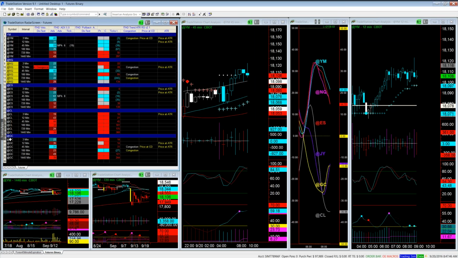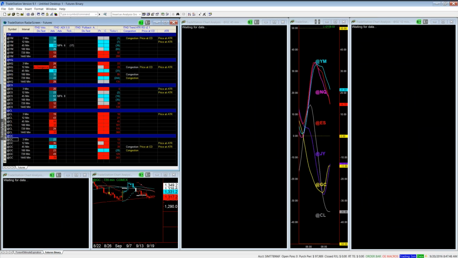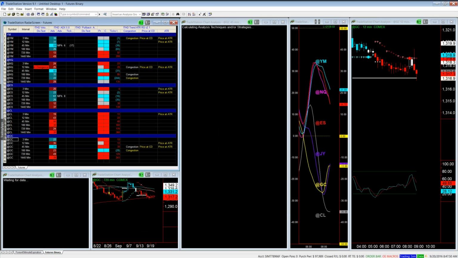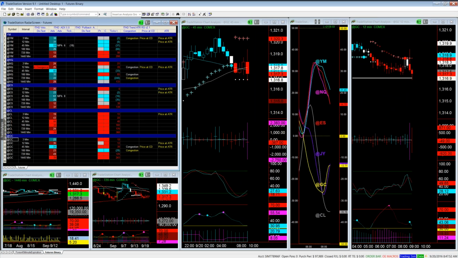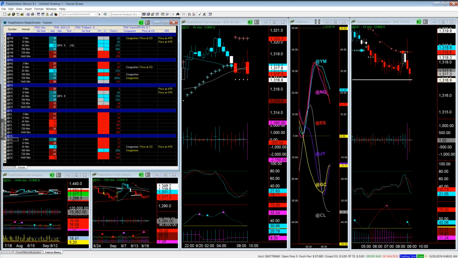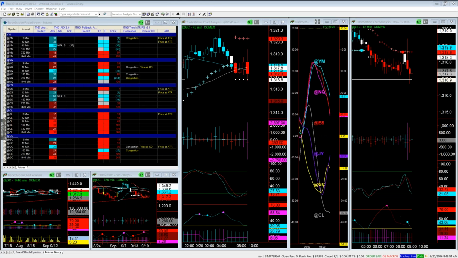Let's go and look at gold. Keith, do you see how the congestion dots are coinciding with the pivot line? That's what I was talking about earlier.